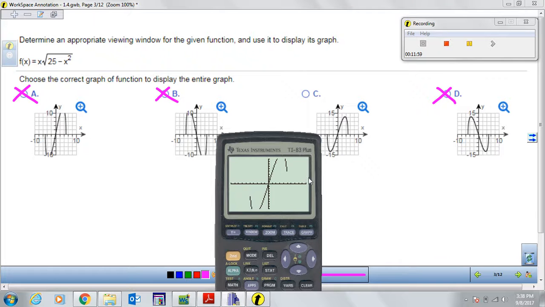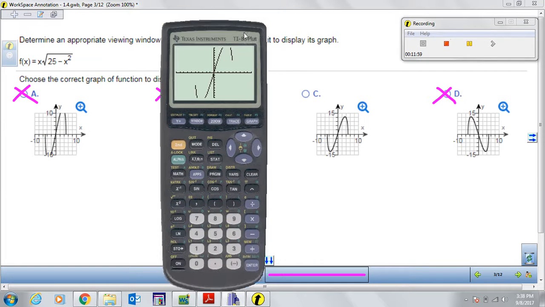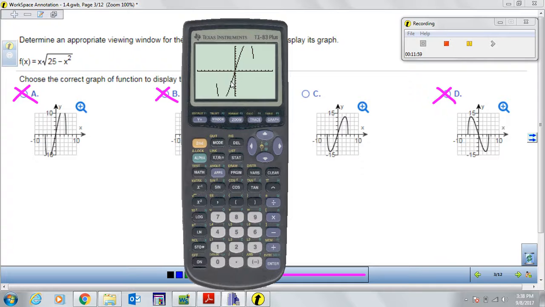So by critical thinking, it cannot be any of the other three, right? But just to be on the safe side, if I would change the window domain and the window range on this screen to the numbers that you see here on letter C, for the x-axis it was already negative 10 to 10. It's the y that is changed.